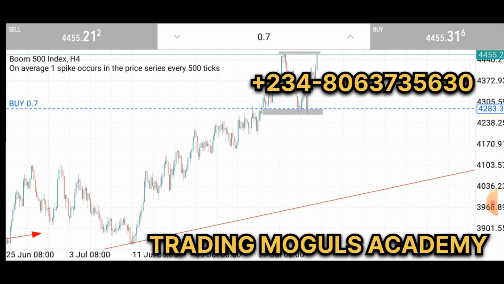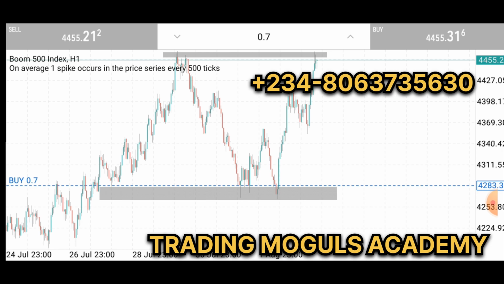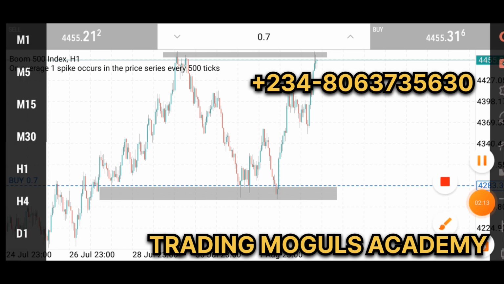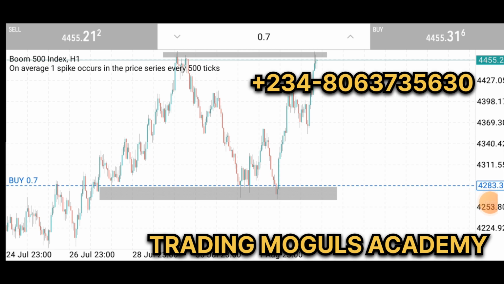Now on our 4-hour time frame, we'll be able to find an entry which seems to be a double bottom on a 1-hour time frame, which is here. Okay, all right.